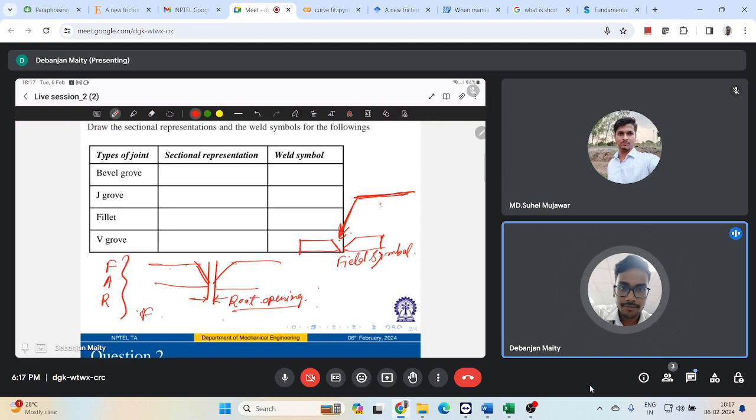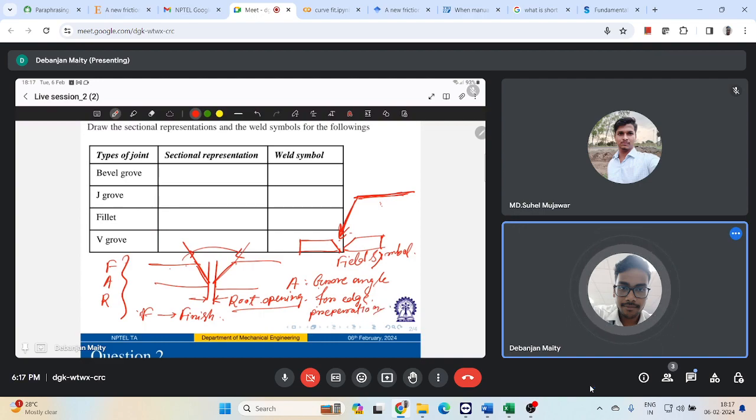F is known for the finish of the joint. If you are doing this butt joint, then this is my groove angle. So A stands for the groove angle for edge preparation, right?